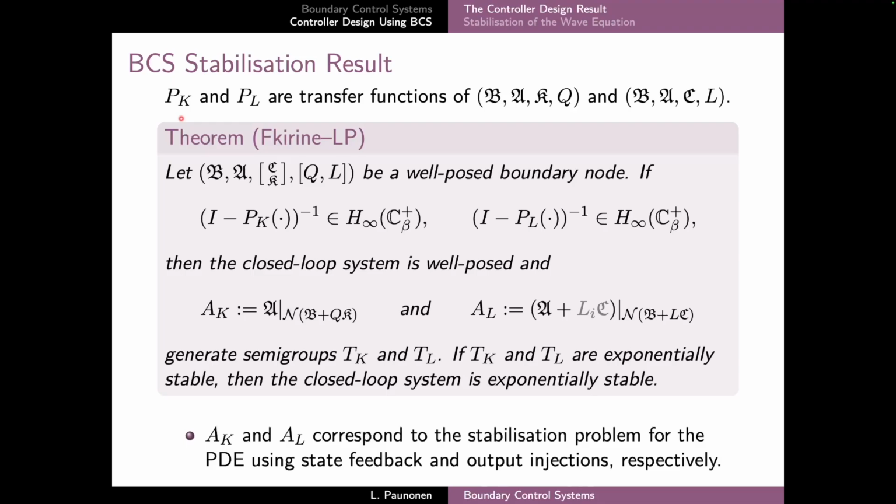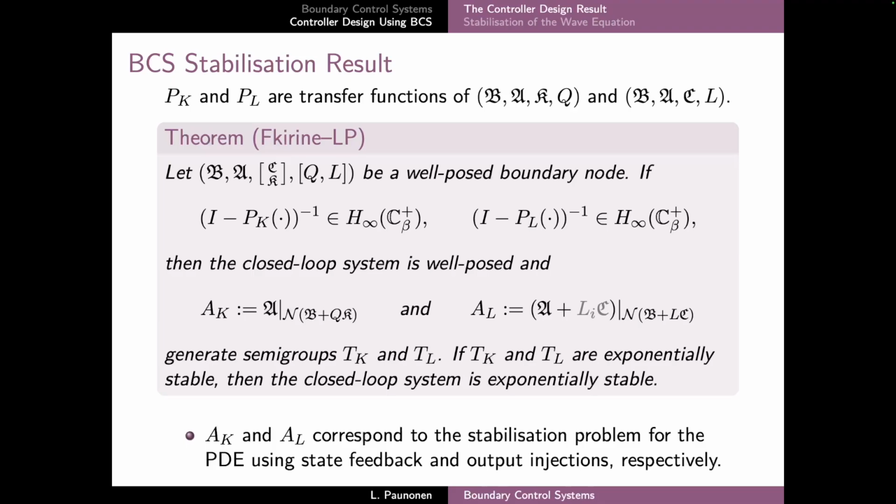And for this transfer function, we assume that these inverses shown here exist and are uniformly bounded on some right half plane of the complex plane. And we also have a completely analogous condition for the transfer functions PL, which are obtained from the original system by replacing the original input with the output injection. And if these conditions hold, then we have exponential stability for the closed loop system.